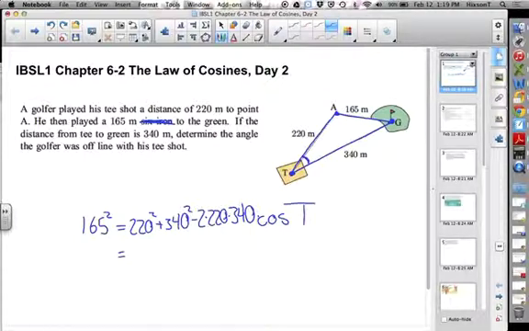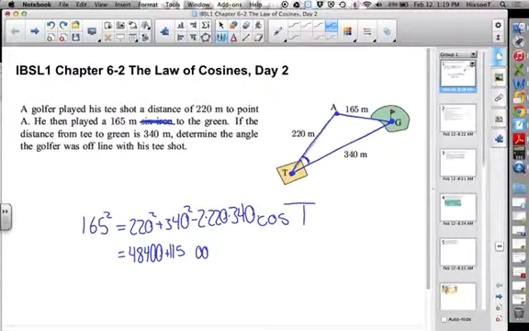So, let's figure out what all this is. 220 squared is 48,400. What's 340 squared? I know it ends in 100. It's 115,600.